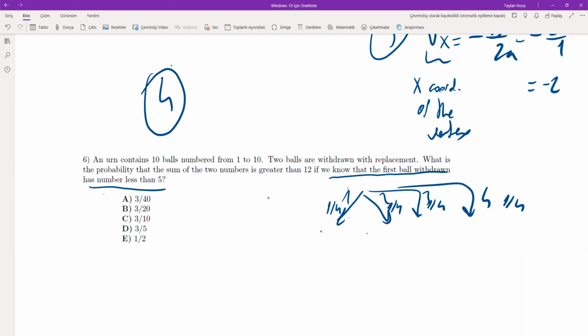I throw a die and I ask you, if it is given that I have an odd number on the die, what's the probability of a 5? What would you say? I tell you that the number on the die is odd, and I ask you, what's the probability of a 5?